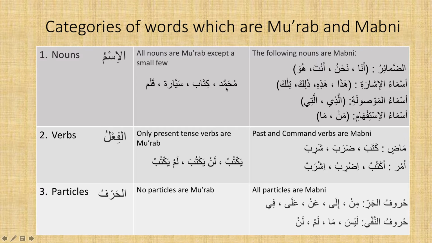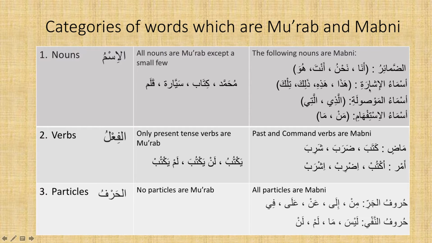For example, Muhammadun, Muhammadan, Muhammadin, Kitabun, Kitaban, Kitabin, Sayyaratun, Sayyaratan, Sayyaratin.